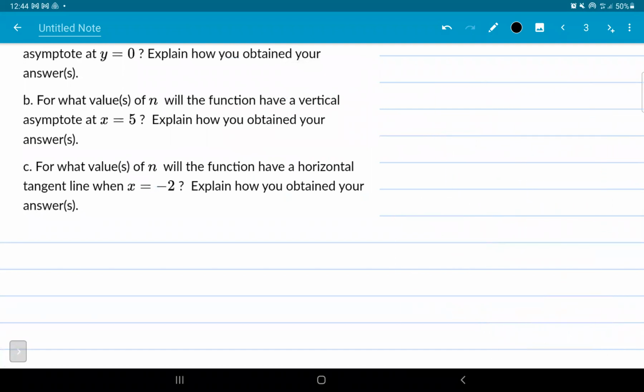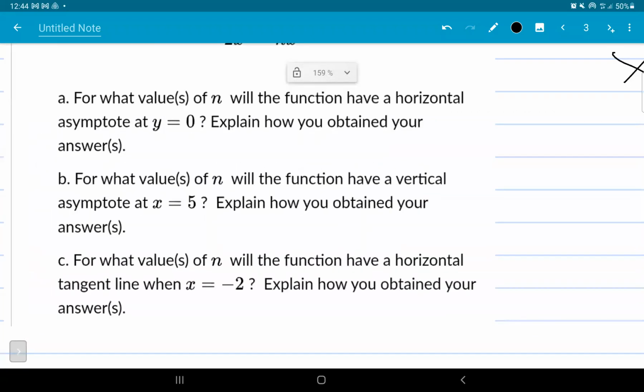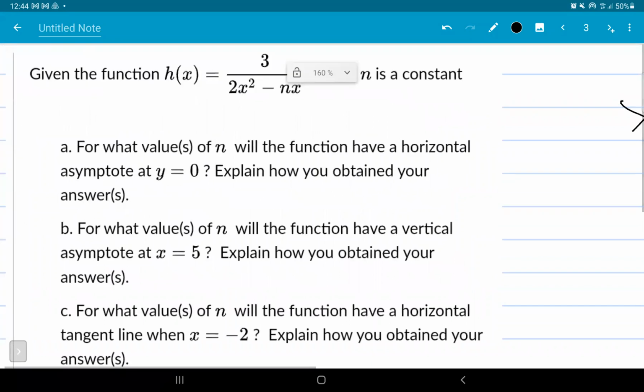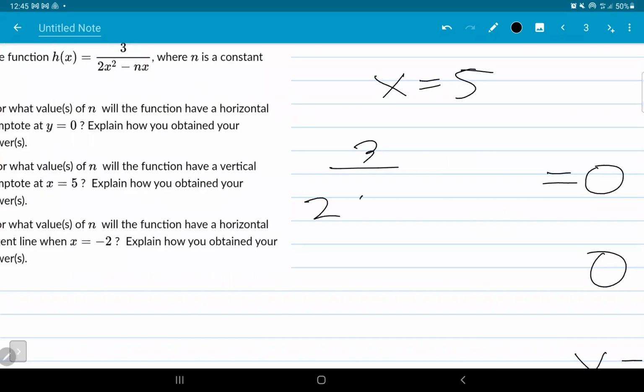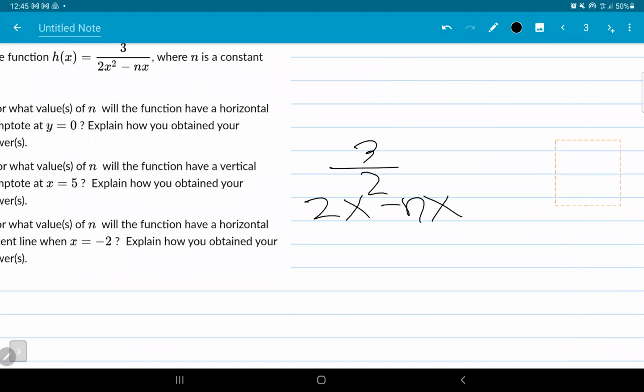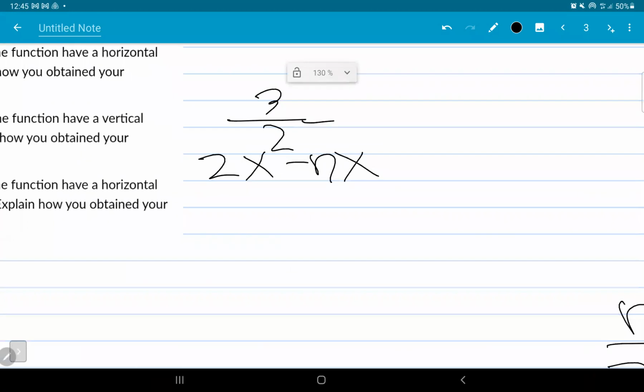Then for letter C, for what values of n will the function have a horizontal tangent line? Now this is a bit little more involved than the previous two. You will have to get the derivative first, of course. Remember, the derivative gives us the slope of the tangent. So kopyahin ko muna yung 7 points ba ito? Magkakamali.